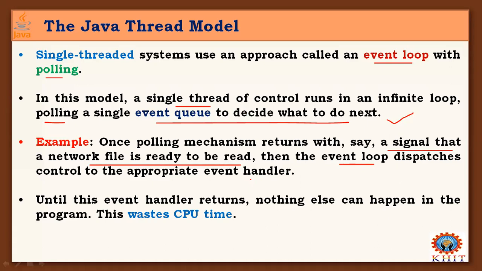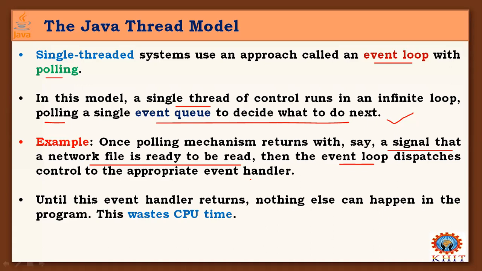So, for example, a network file is ready to be read. When the network file is ready for reading, in our event loop we have an appropriate mechanism called a read operation. So we dispatch this event handler to read a file from the network.